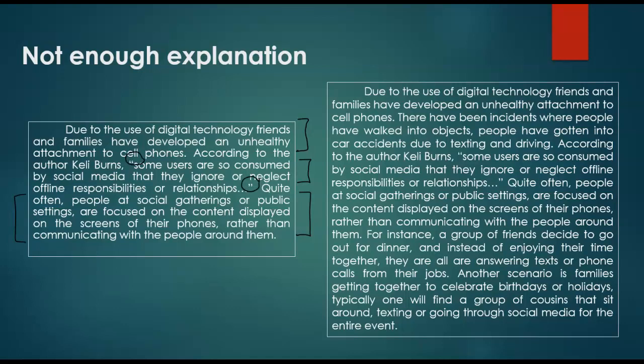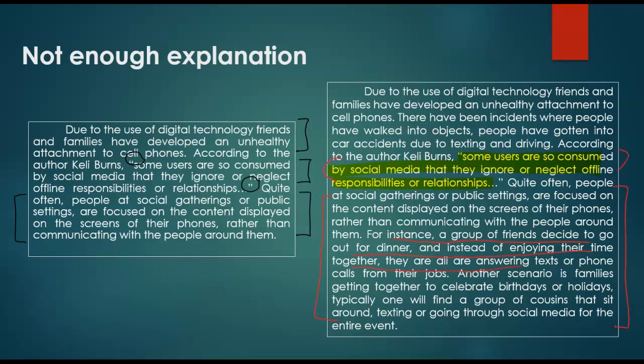The paragraph on the right has the quote, and then it also has an explanation. The explanation, as you can see, has an example. So it really gets into detail in trying to explain what this quote means right here.